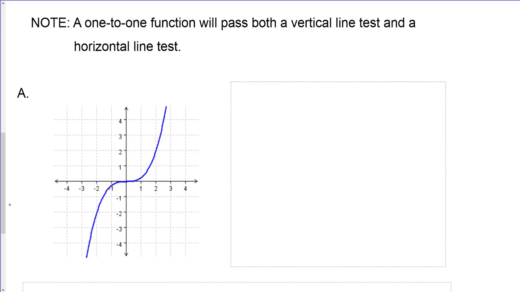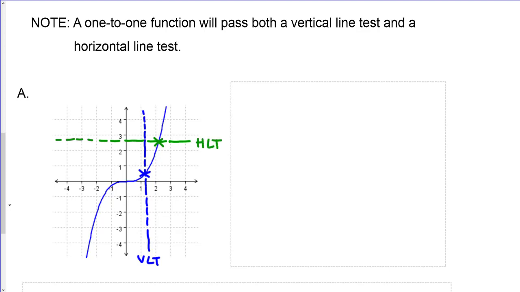This graph will certainly pass a vertical line test because there's no vertical line that I can draw that will pass through the function at more than one point. Similarly, there's no horizontal line that I can draw that will pass through the function at more than one point.